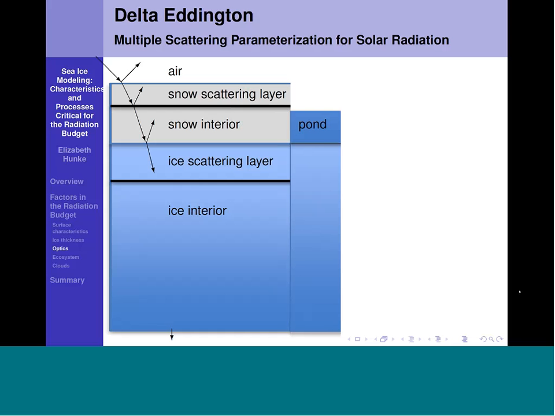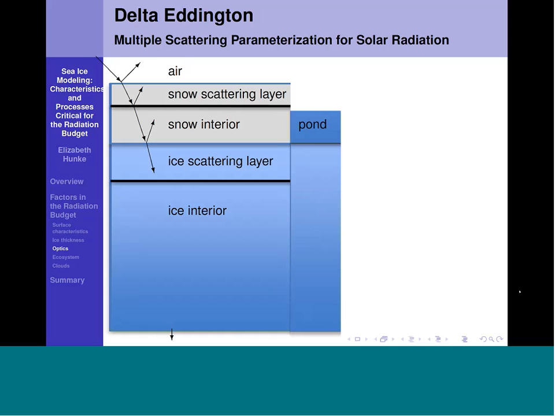So far, I've been talking about the processes that affect the radiation balance without talking about the radiation itself. So for that, we use a multiple scattering parameterization in which incoming solar radiation bounces off different layers within the ice and snow, getting absorbed as heat as it goes. Eventually, a small amount of radiation may exit the bottom of the ice into the ocean, particularly if the ice is thin.